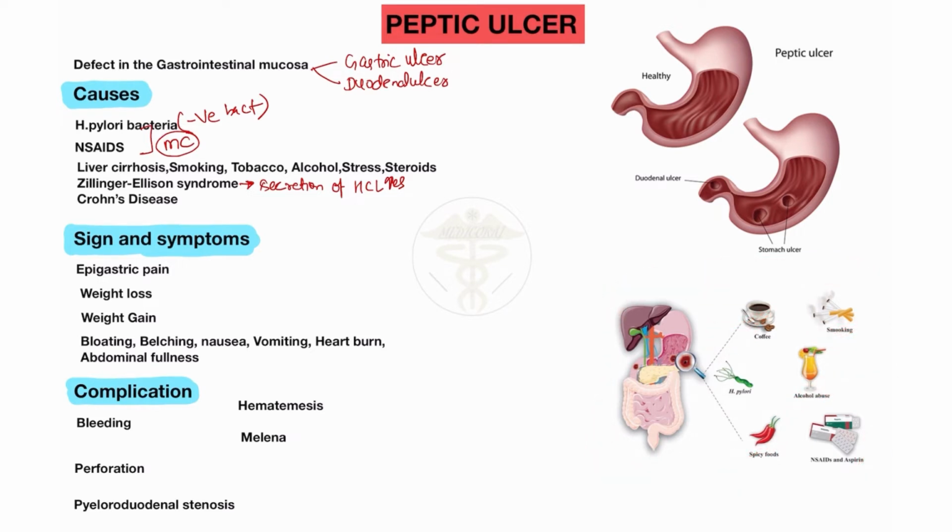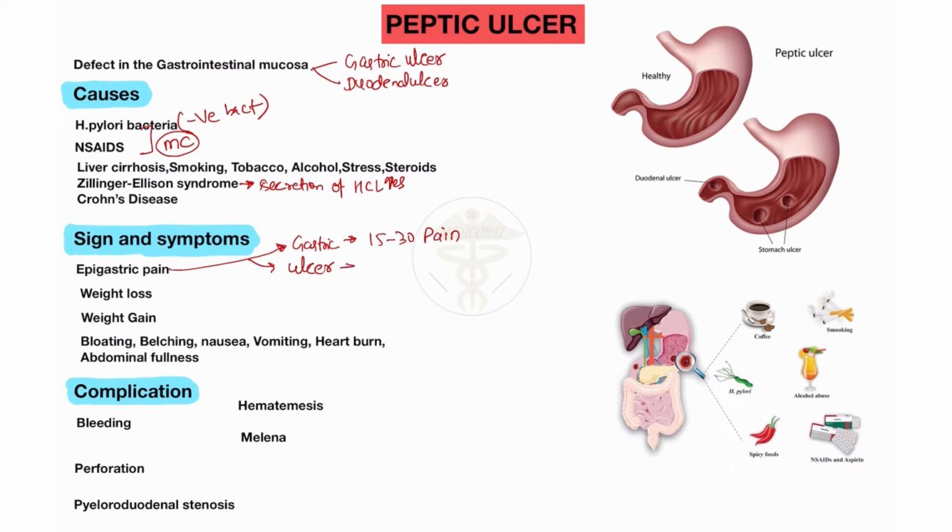What are the signs and symptoms you will see in the peptic ulcer patient? First of all, you will see epigastric pain, but there are two types of pain you will see in the patient. When the patient takes food, then after 15 to 30 minutes pain occurs in the epigastric region when a gastric ulcer is present.